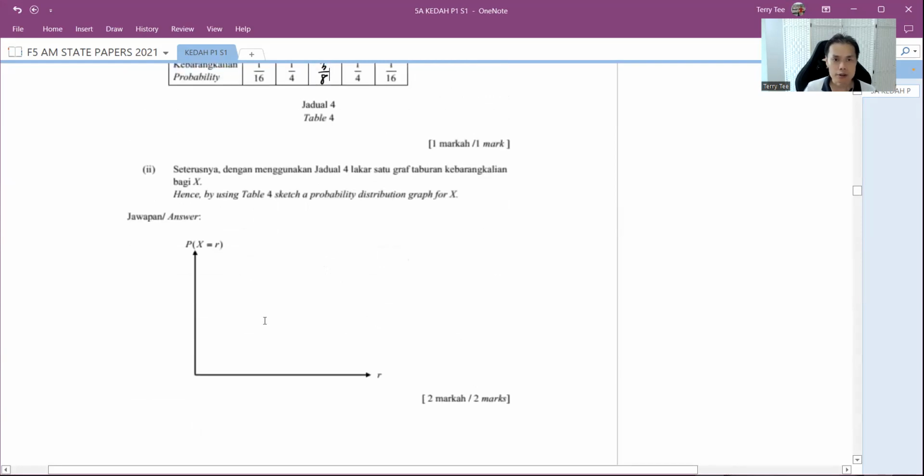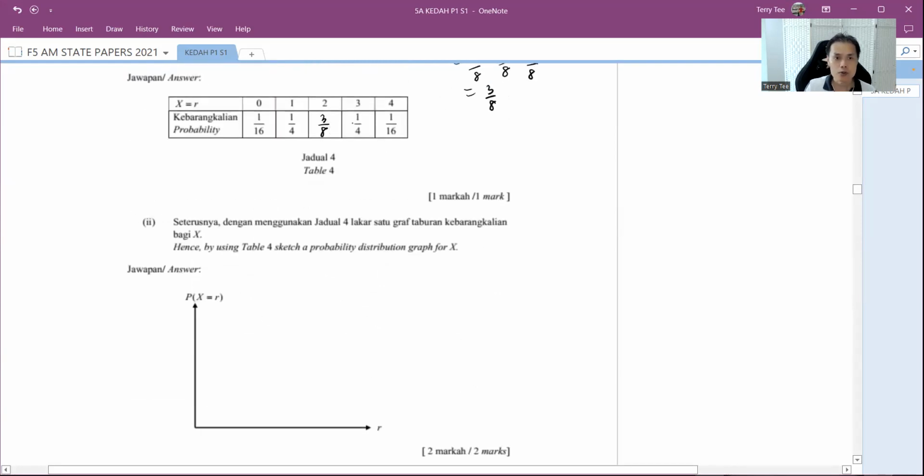If you look at the table again, the largest is 4, smallest is 0. So normally we don't put 0 at the vertical axis. We put the 0 away from your vertical axis so that we can see clearly the value of each probability. So this is 0, 1, 2, 3, and 4.